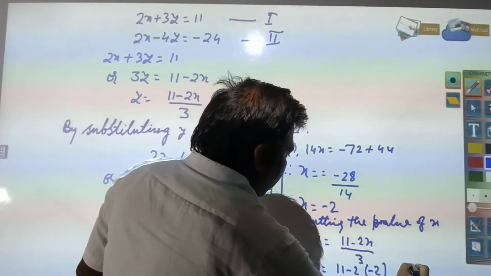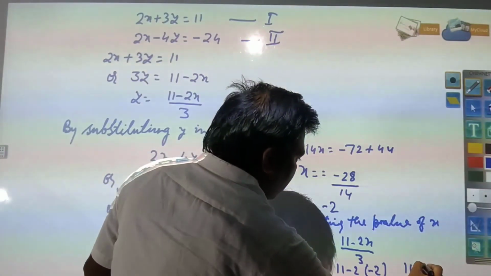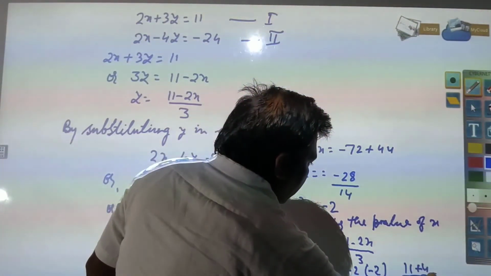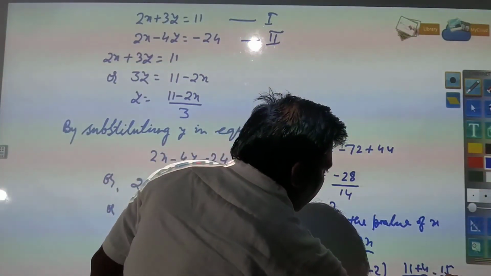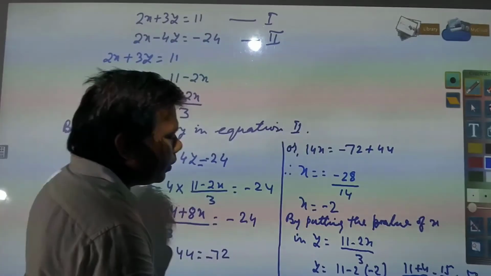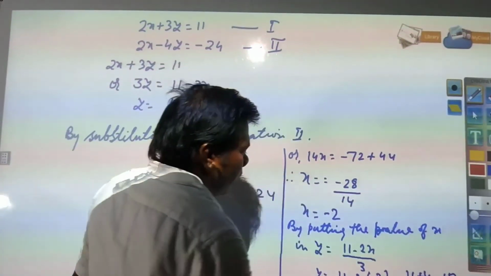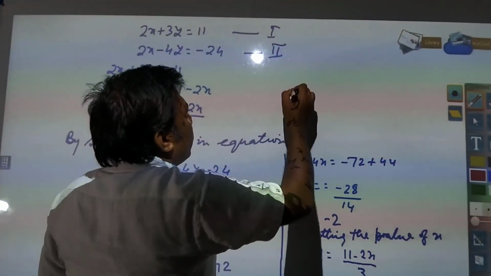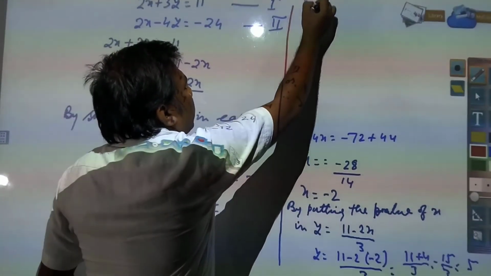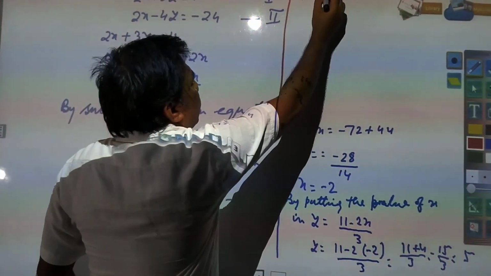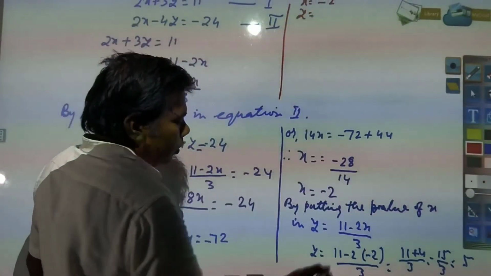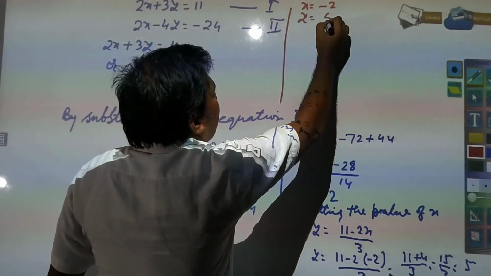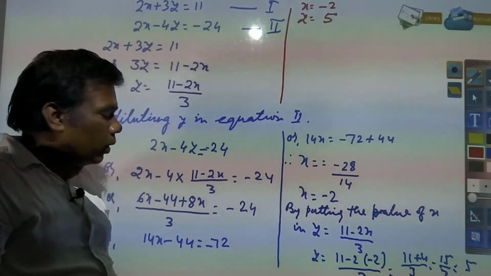It means 11 plus 4 by 3, it means 15 by 3, and that is 5. So what you have got? You have got x is equal to minus 2 and y is equal to 5. x and y you have got.